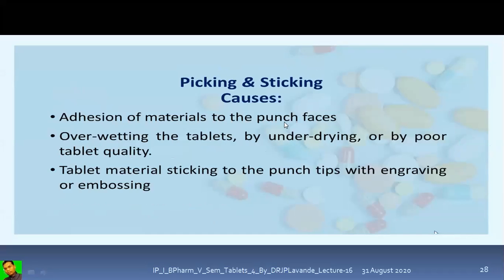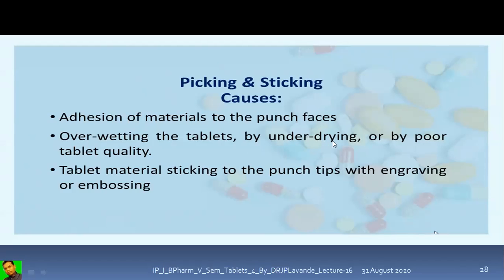The adhesion of the material to the punch faces. Very correct. The punch faces stick to the tablet material or granules, and during ejection, when the upper punch moves upward, it takes away some portion of the tablet surface, that is the picking.